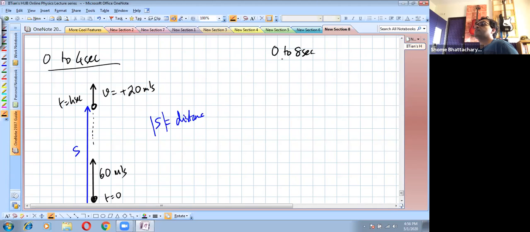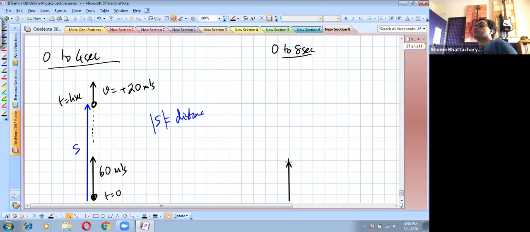you'll realize that the information that your formula is telling you is that it started with a positive upward velocity at t equal to 0 of 60 meters per second. But now it's also telling you that at t equal to 8 seconds, the velocity is how much?